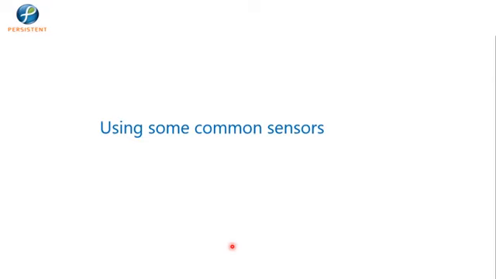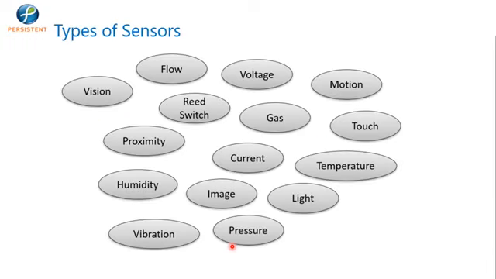Let's continue with using some of the common sensors that are available. Here you can think of so many types of sensor available, like for sensing the temperature, I might have a temperature sensor. For sensing the pressure, pressure sensor. For checking the humidity, I have a humidity sensor.